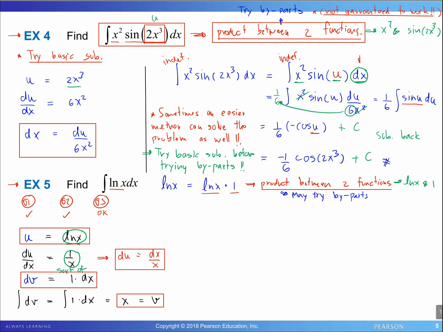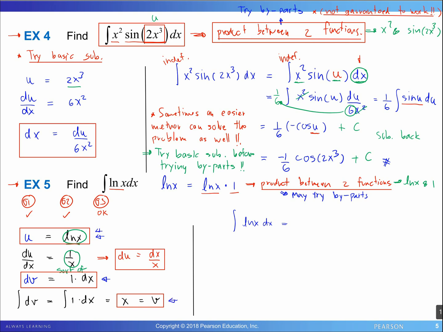Let's continue on the right hand side. So we have integral of u dv, which is equal to u times v. u is equal to ln x and v is equal to x.